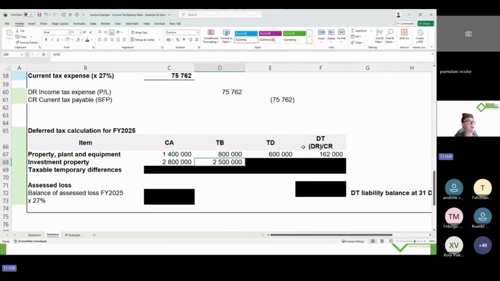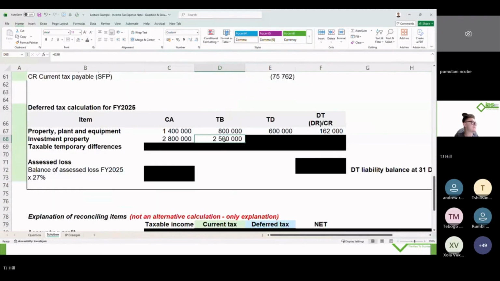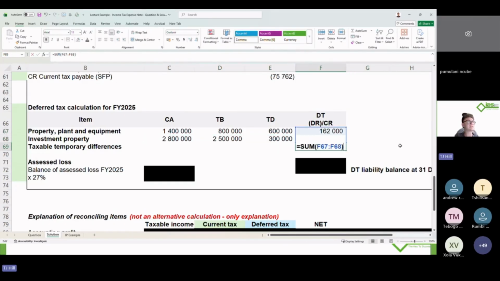Base cost is my original cost, which they gave me up here. There. Okay, gives me a temporary difference. Because it's recovered through sale, it'll be a CGT problem. So I use my CGT rate, which gives me taxable temporary differences of 226,800. I want to recognize a DT liability.